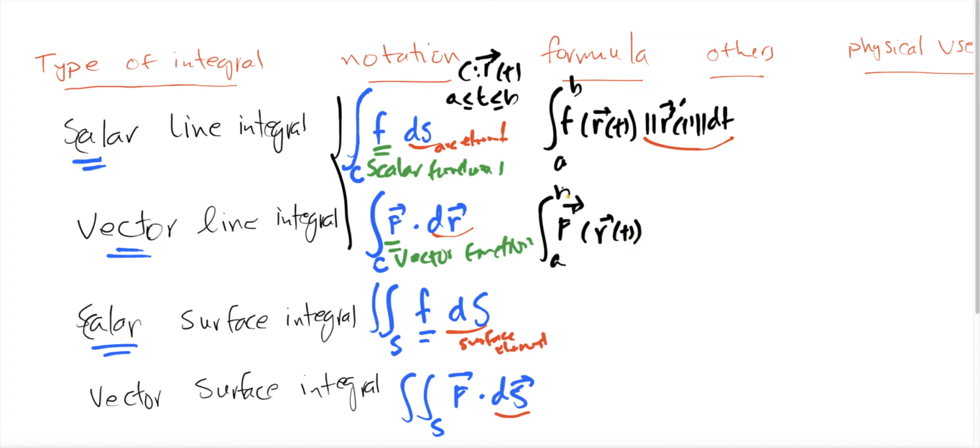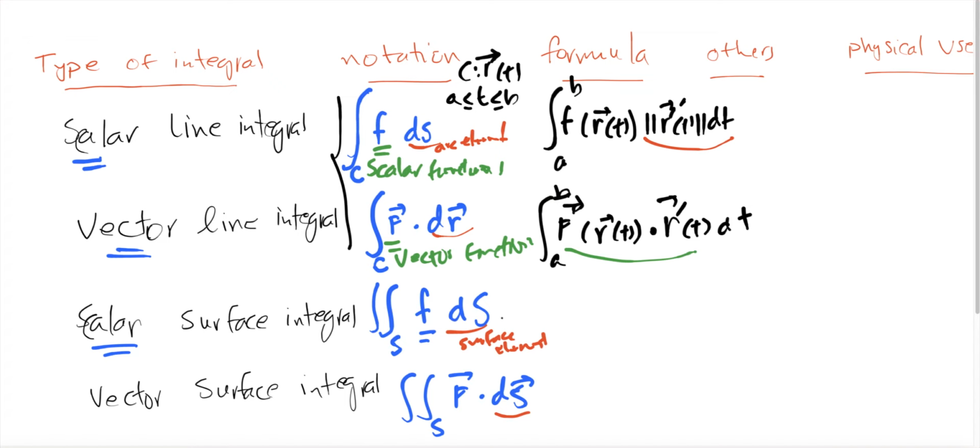And then instead of the magnitude, because it's supposed to be a dot product, or this is how I memorize it, I say, well, there should be a dot product, so I have to have a vector, and therefore, instead of the magnitude, I'm putting in r prime of t itself and dt. So this dot product becomes a scalar that you integrate. The integral then becomes an integral in Calc 1.